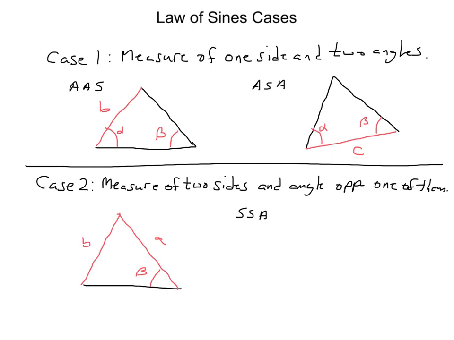Number 2, you could have a single solution, only one solution that satisfies all that information. The other one is that there could be 2 solutions. You could actually have 2 triangles that will satisfy the given information, but be very different triangles, look very different. So we have to be aware when we're dealing with this particular situation that we could have multiple solutions, or we might have no solution. Until we start getting into the problem, we really can't say for sure which one it's going to be.